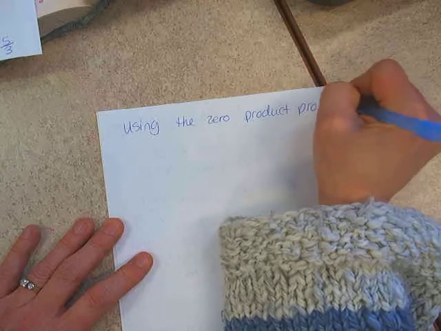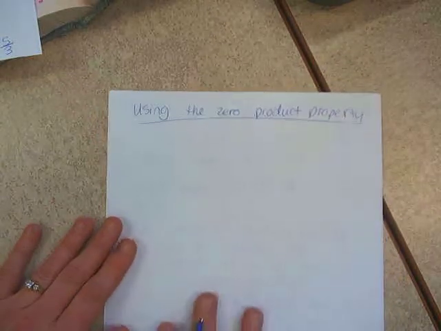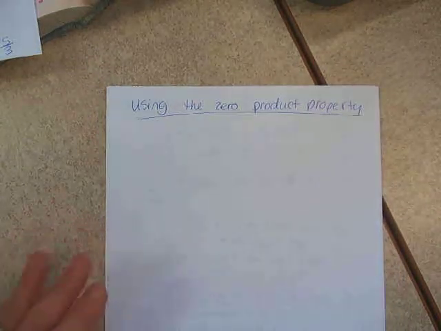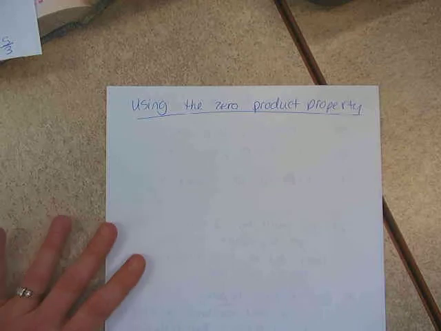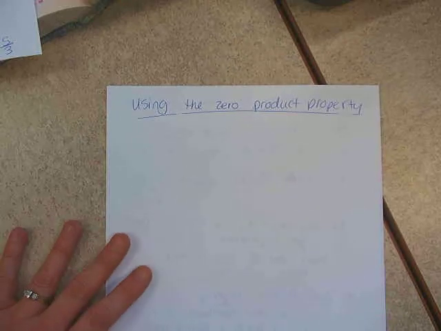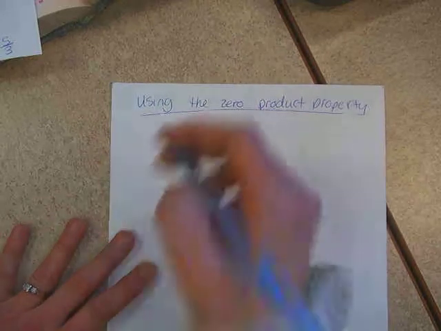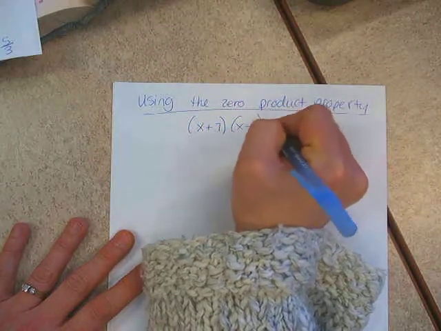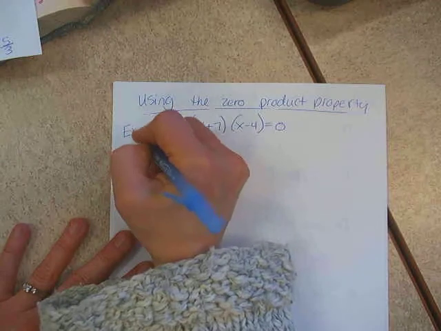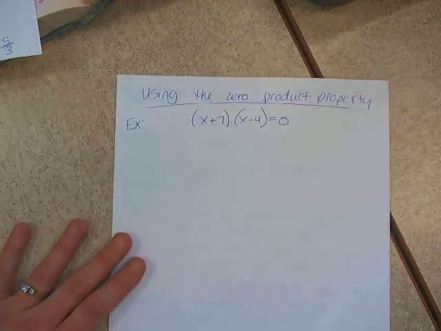So the next thing you're going to write down is using the zero product property. In the first section of your homework, they're going to give you the binomials. You don't have to factor. But we are going to apply the property to find out what our variables should equal, okay?